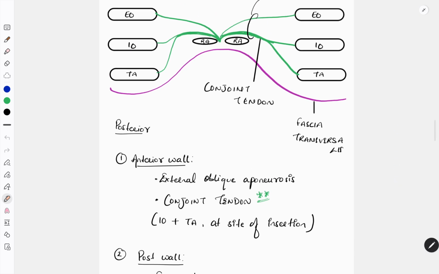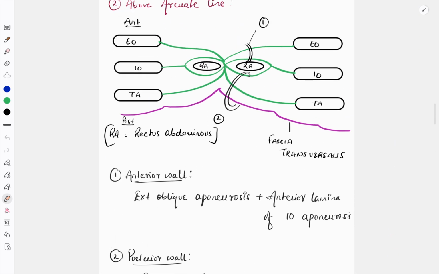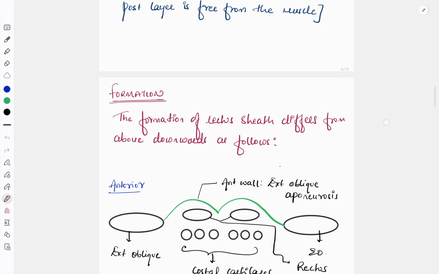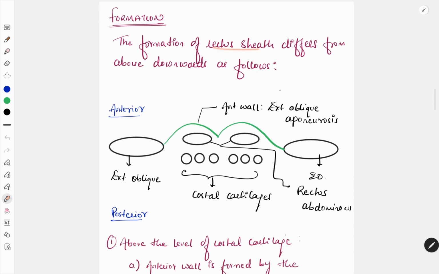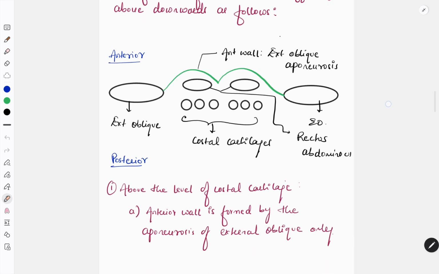Okay, so let us just revise once so that you learn it here only. The formation of rectus sheath differs at different levels, and we are going from above downwards. First, if we take a cross section at the level of the costal cartilages, you need to imagine it, and once go and look at the external oblique muscles in origin and insertion, then you will understand it even better.